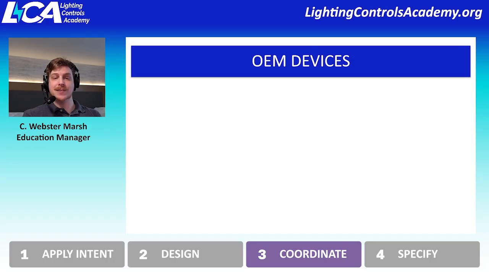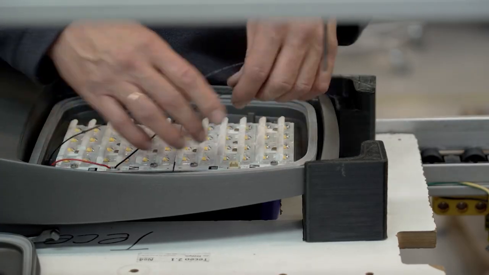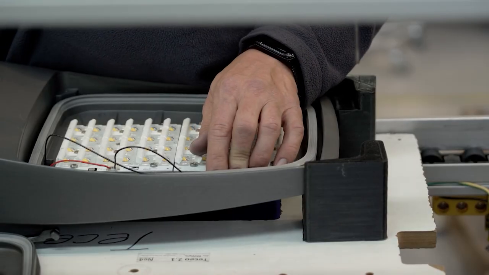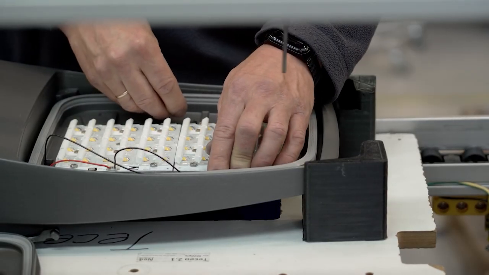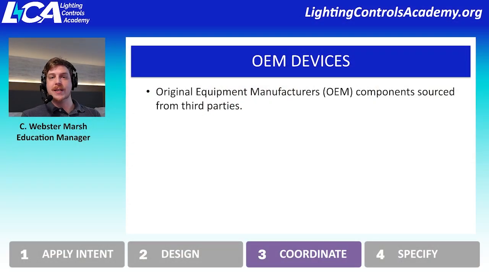Finally, OEM devices. So if we are going to be adding devices to a fixture, this is where this term comes from. Original equipment manufacturer is what OEM stands for, and that oftentimes means that either you're dealing with a device that is sourced from a third party, or you're speaking exclusively about the sourced material for something.